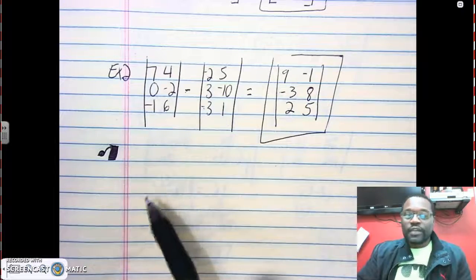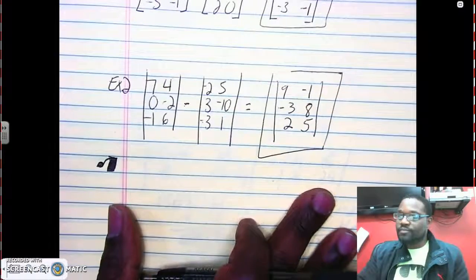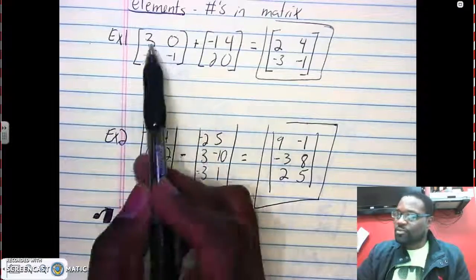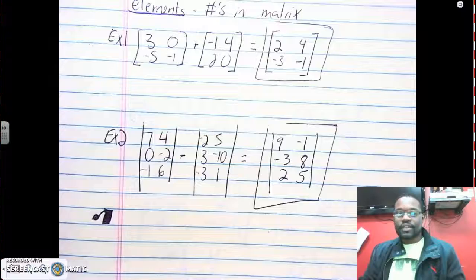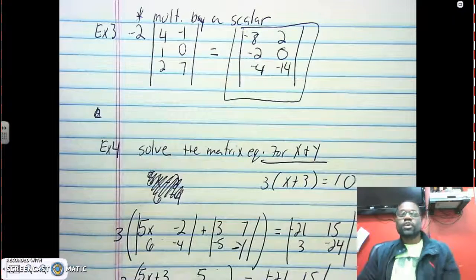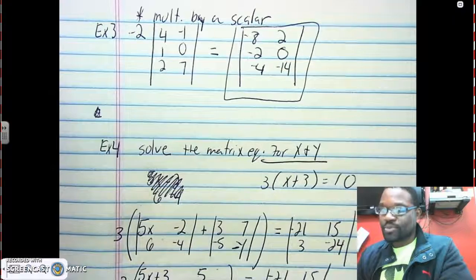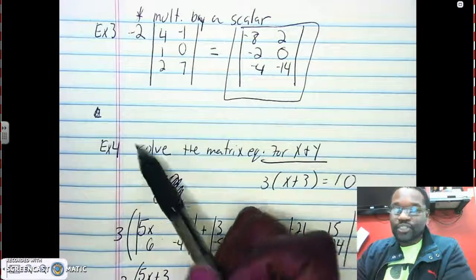And so adding and subtracting, you got to have the same dimensions. And remember that the corresponding element is what you add or subtract. Alright? Now, let's do what's called multiplying by a scalar. This is basically distributive property for a matrix. This negative 2 is multiplied by every element in this matrix.